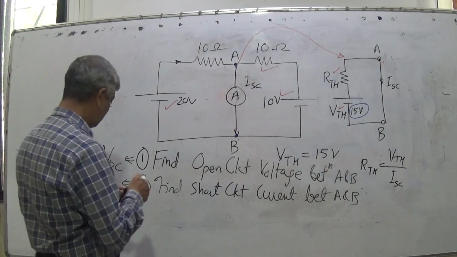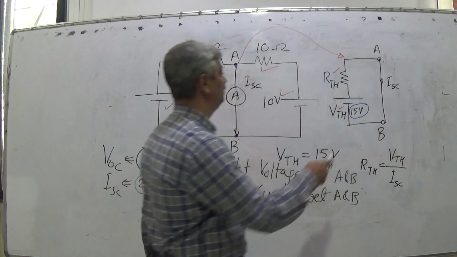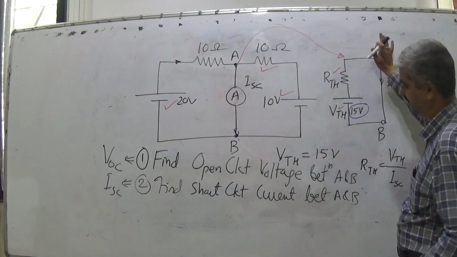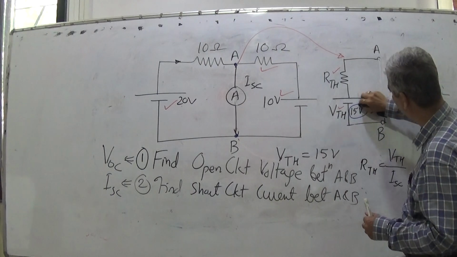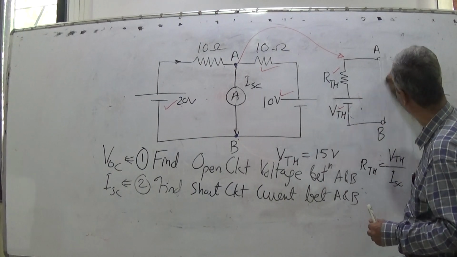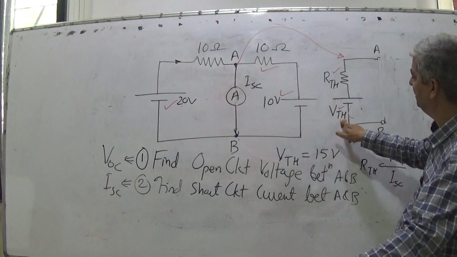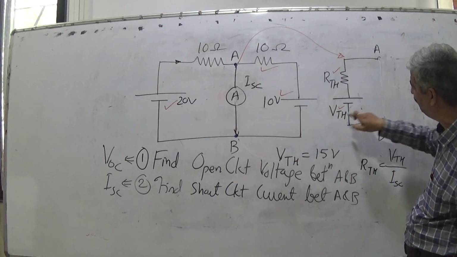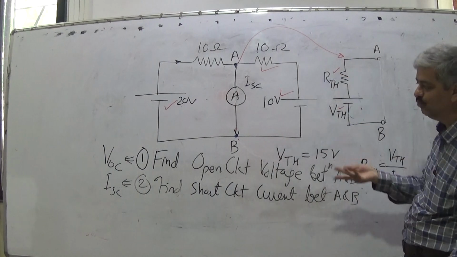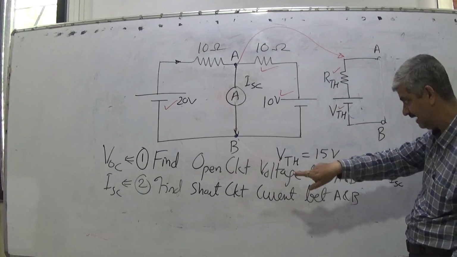Now, using these two, you can find this very easily. The open circuit voltage must be equal to VTH and the short circuit current must be equal to VTH upon RTH. So you know VOC and ISC.